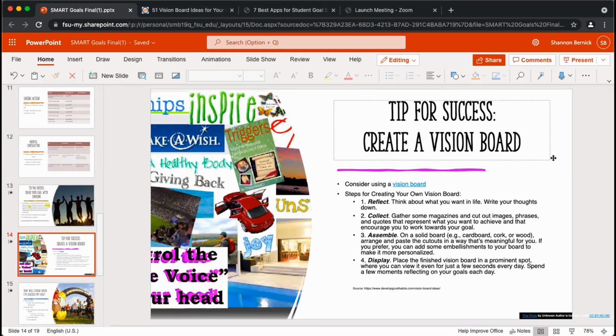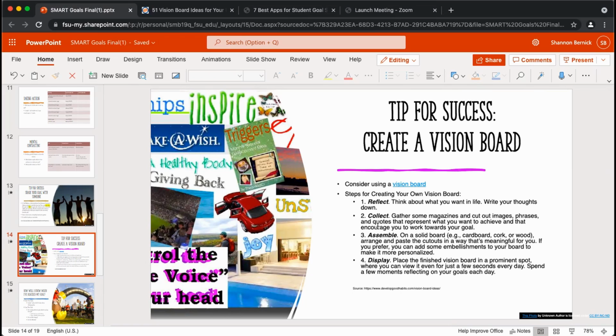So think about what you want in life and what goals are important to you. And of course, you can write those down using the SMART method that we talked about. And then you want to go out and collect images, phrases, quotes that represent what you want to achieve and that provide encouragement or inspiration for you while you're working towards your goal.